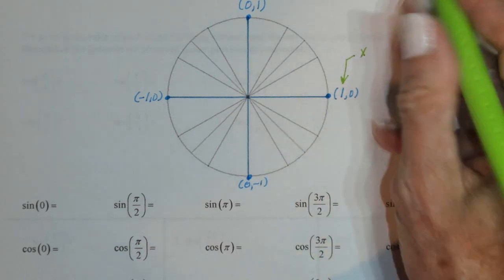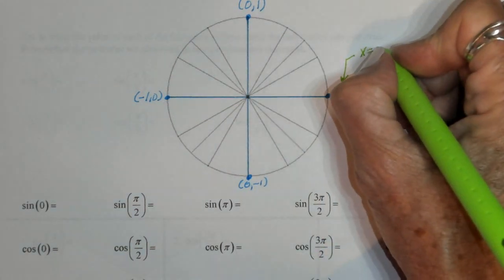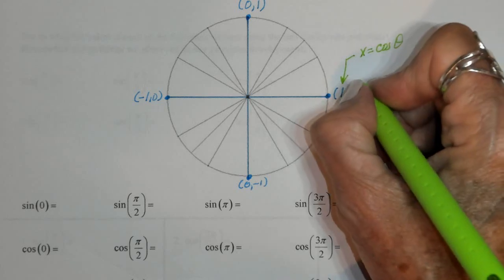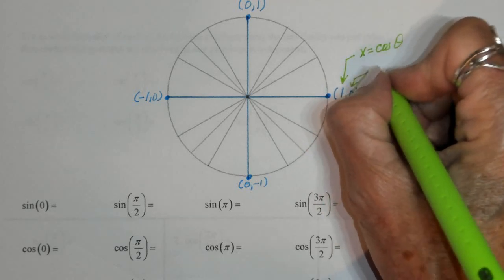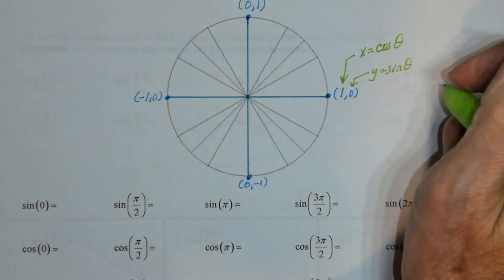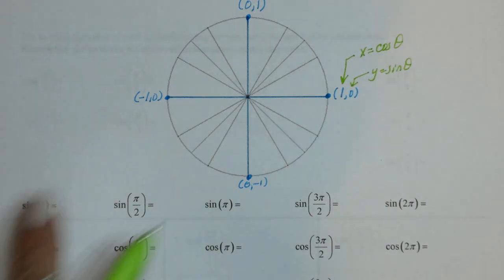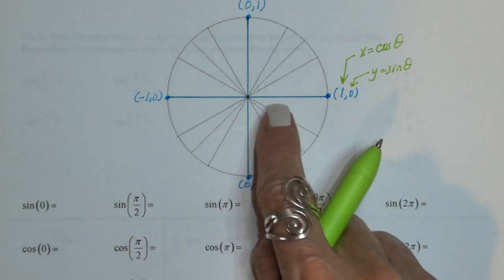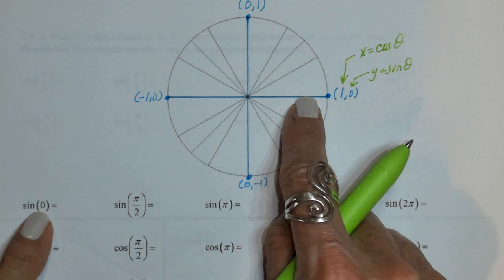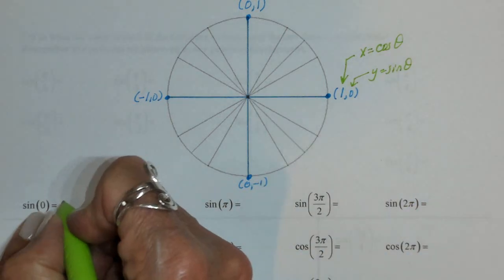But on the unit circle, x is equal to cosine theta. Y is equal to sine theta. Okay? So if I want sine of 0, I go to 0 and get the y coordinate, 0.